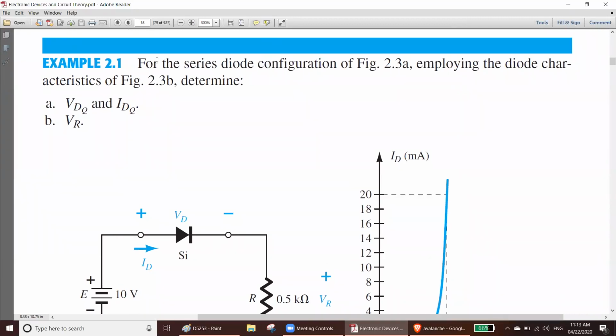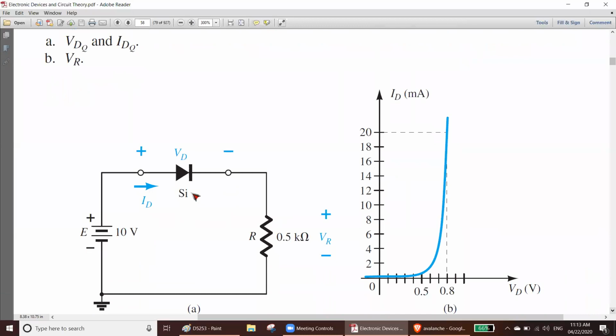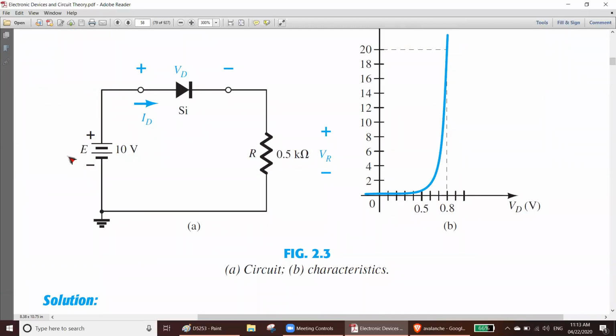In this math, they said for the series diode configuration, series means the diode will be in series like this. You have a source E, which is 10 volt. You have a diode in forward bias. How can we say it is forward bias? Because plus is connected with plus. So it is forward bias.